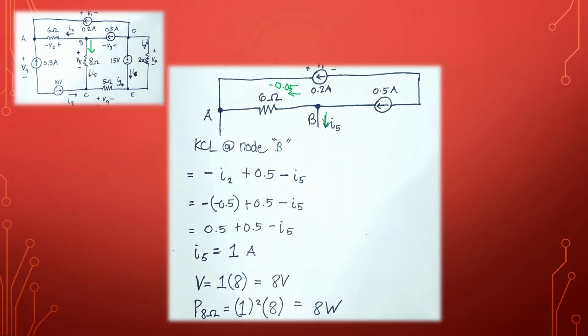So we can use this equation to get the power drawn by our 8 ohm resistor. Based on our I5, 1 squared times 8, we get 8 watts. So this resistor is drawing 8 watts of power.